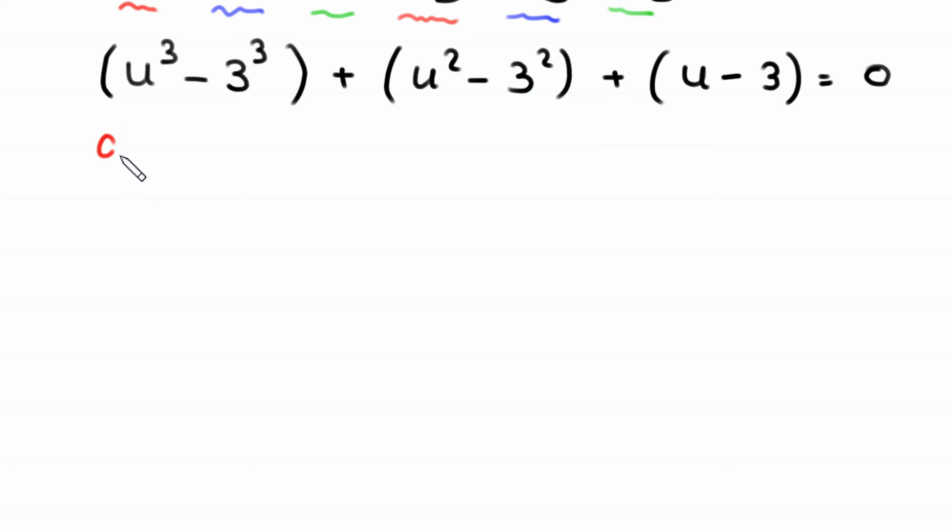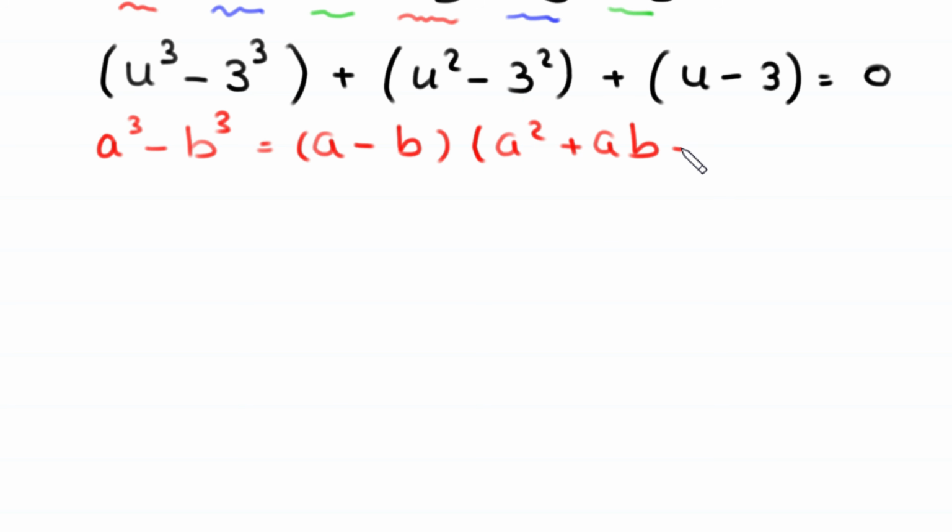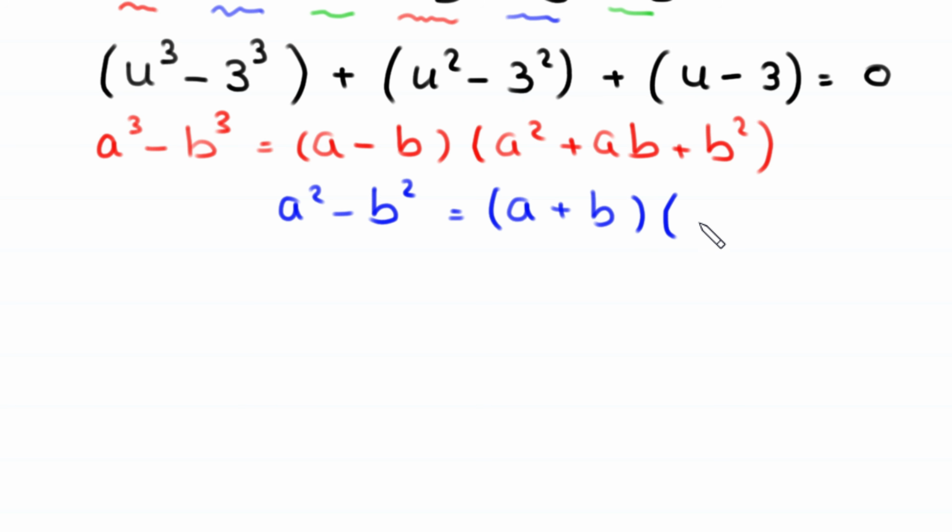The first one is a cubed minus b cubed equal to a minus b times a squared plus a times b plus b squared, and the second is a squared minus b squared equal to a plus b times a minus b.